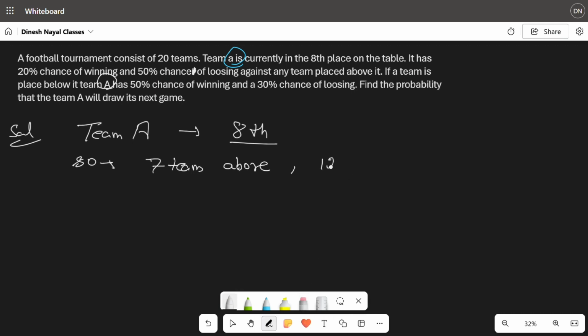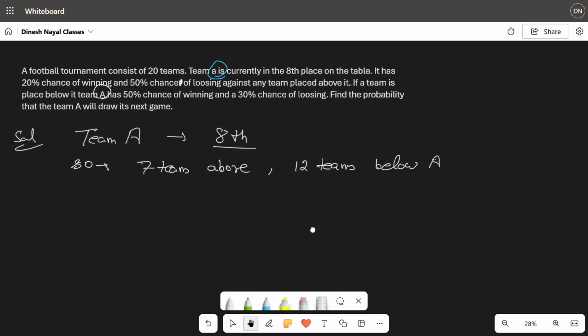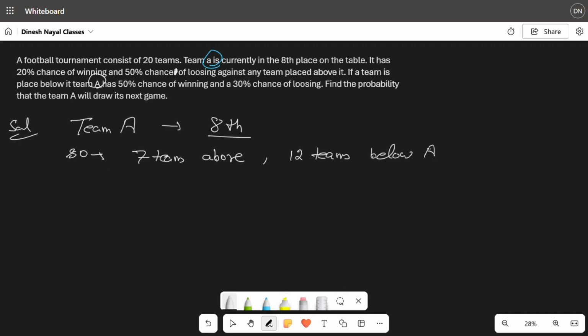There are 12 teams which are below A. Ranking wise, team A is on the 8th place. 7 teams are above A and 12 teams are below A. Okay, so now we have to divide it among the opponents. So let's make a tree diagram so you can see this as the opponent. So here are the opponent.